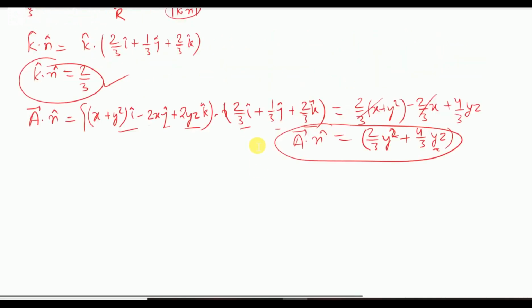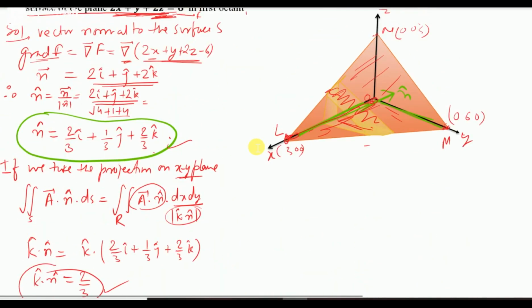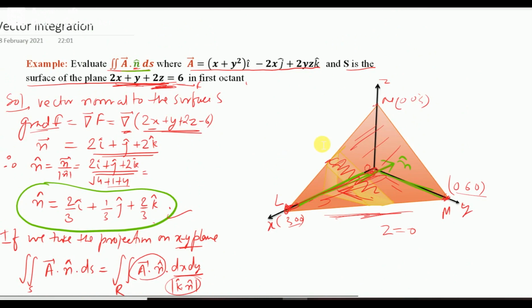Now because we are taking the projection of that surface on the xy plane, here z is equal to 0. So this point is 3 0 0. On that plane, when you substitute z and x equal to 0, we get 0 6 0, and the third point is 0 0 3.